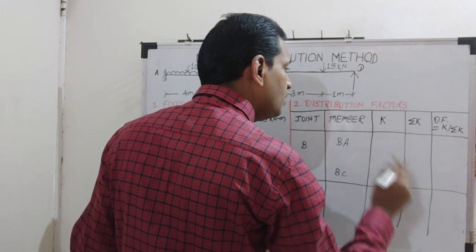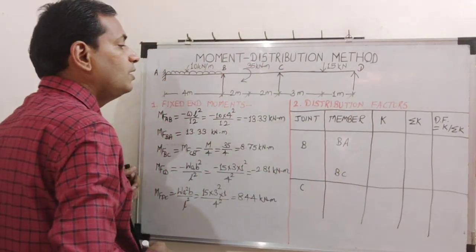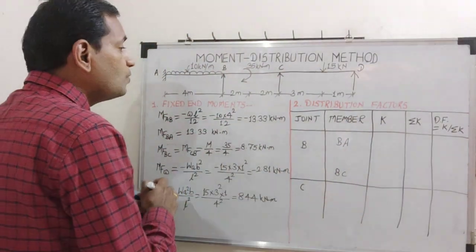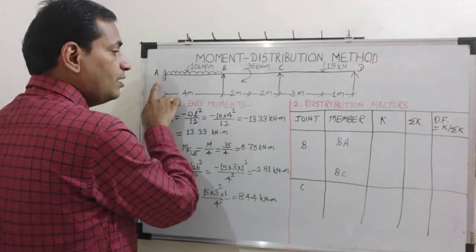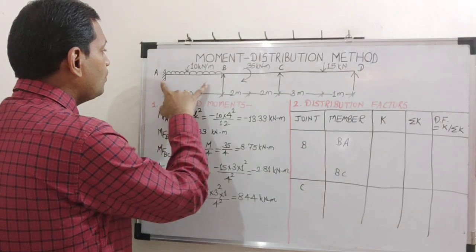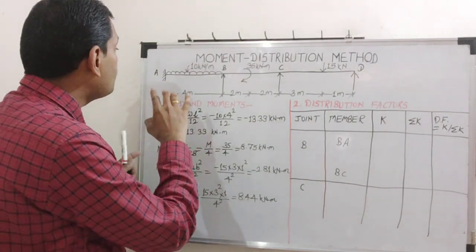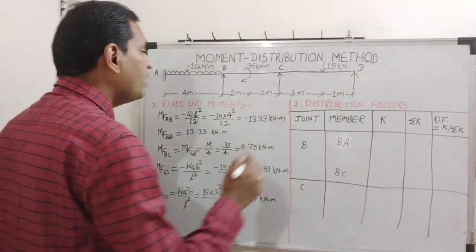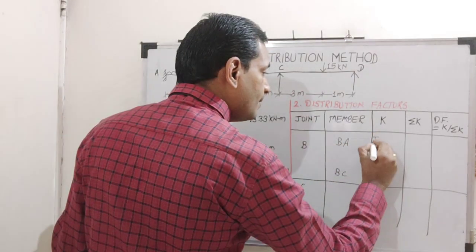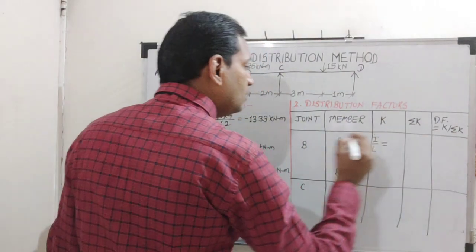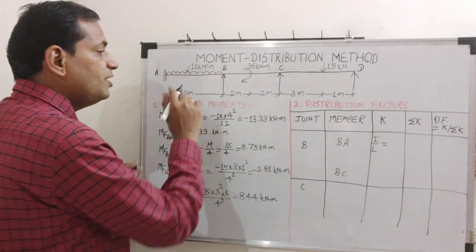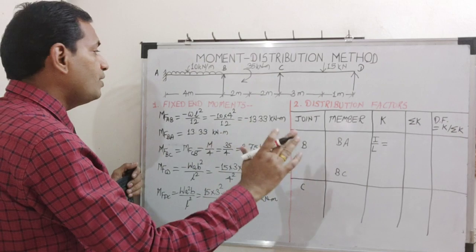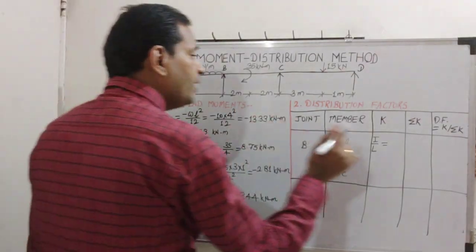Let us find out. K for the BA member. For joint B, the far end of BA is fixed, so it is a case of propped cantilever. So for propped cantilever, K value is I by L. So the I value for member BA is 1I. It is not given, so we will assume 1I. So I by 4.